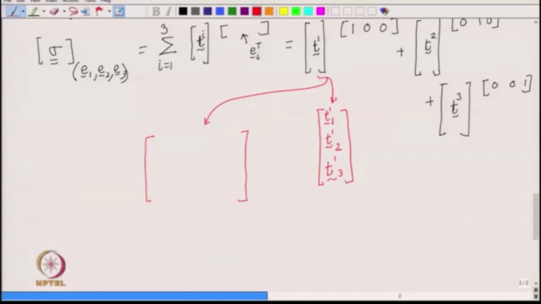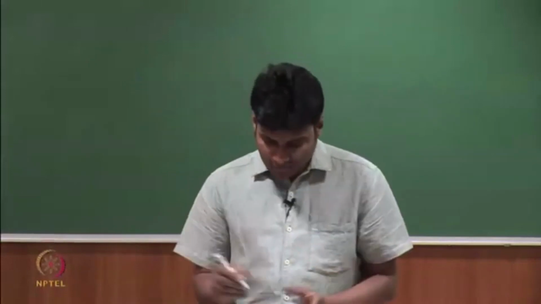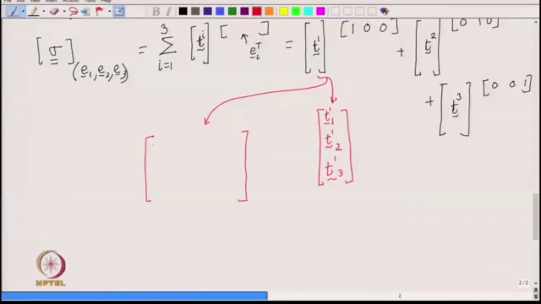Okay. So, first column multiplied with 1 0 0, when you work this out, you simply get T 1 1, 1 2 and T 1 3 in the first column of the matrix.